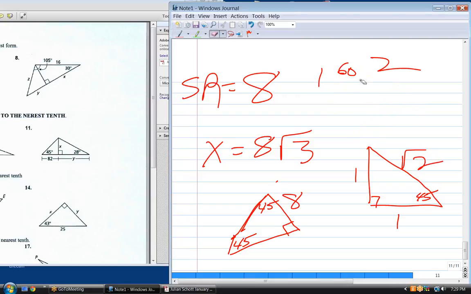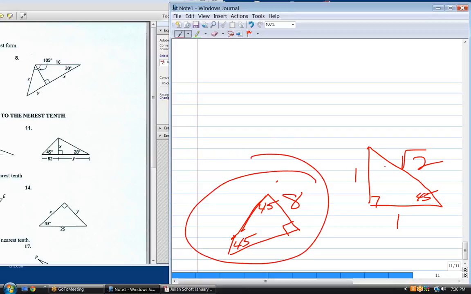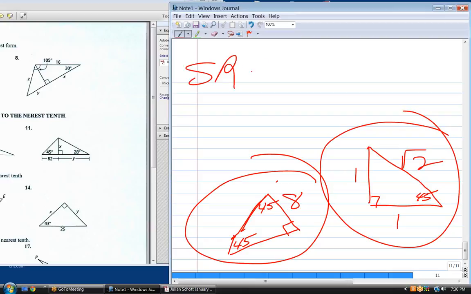So we don't care about this triangle anymore. We got a new similarity ratio. What is the similarity ratio of this triangle versus this triangle? Isn't it just 8 to 1? Still 8 to 1. I don't know if that was accidental or not, but probably not.